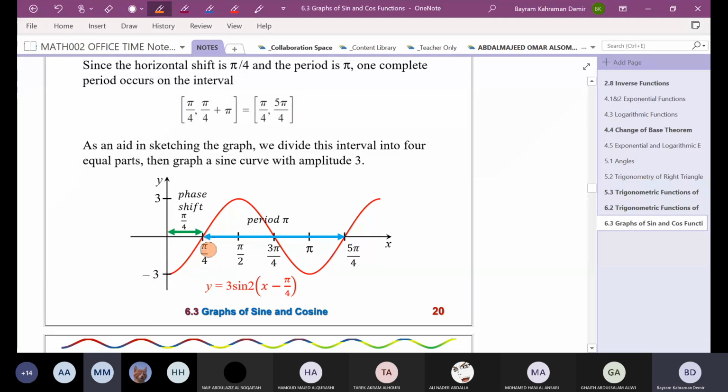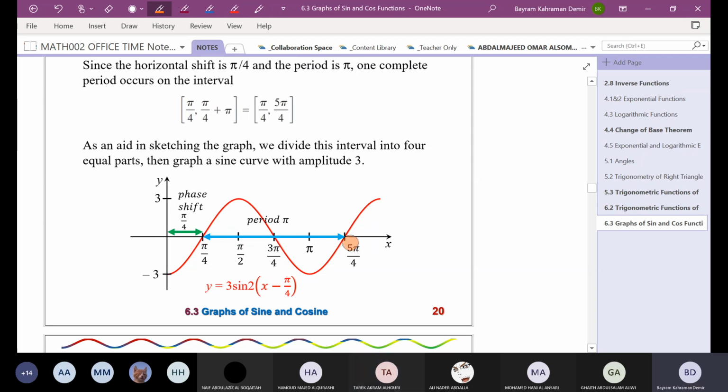Yeah, pi over 4 plus pi is 5 pi over 4. Correct? Right, Shiva? Yes. Okay. And if we subtract, it will become pi. This distance should be one period.